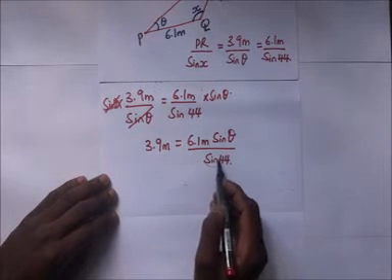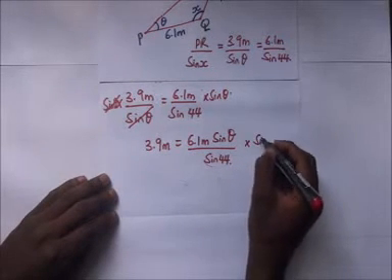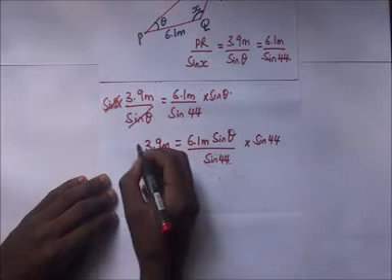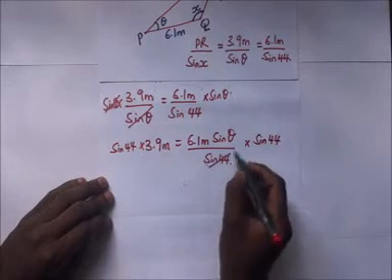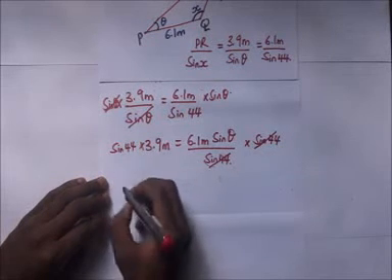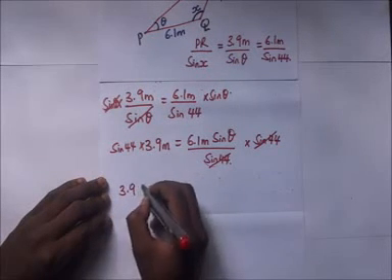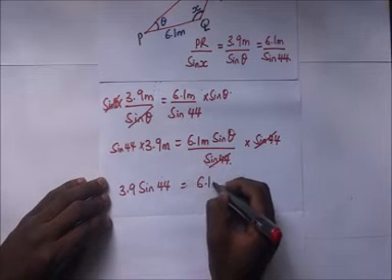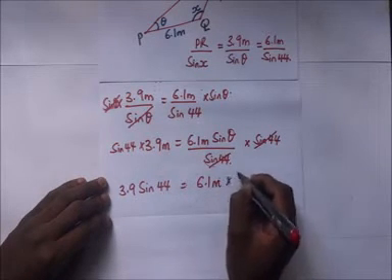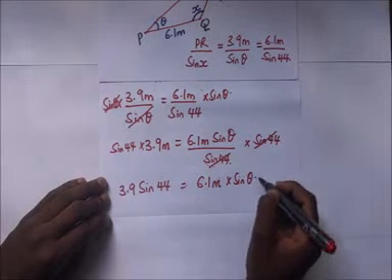So we multiply by sine 44 on both sides, so that this goes with that, and we remain with 3.9 times the sine of 44 giving us 6.1 meters times the sine of theta.